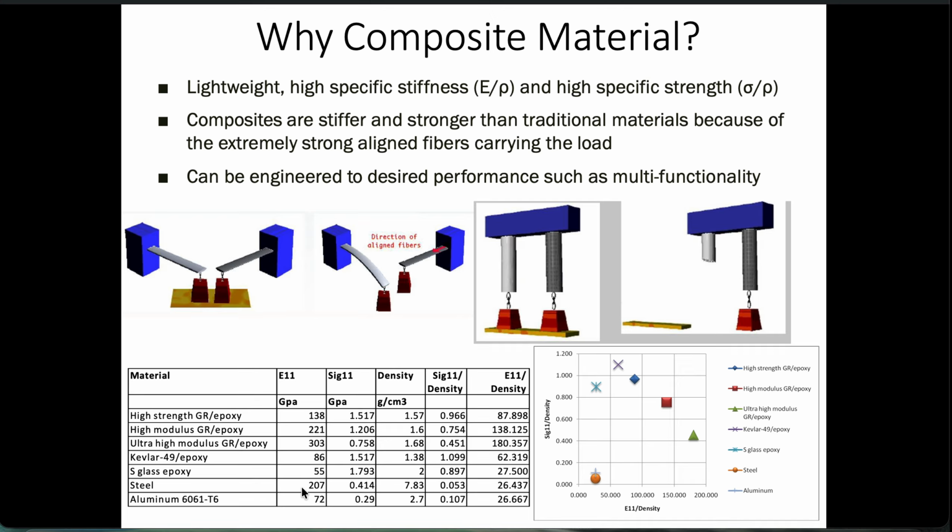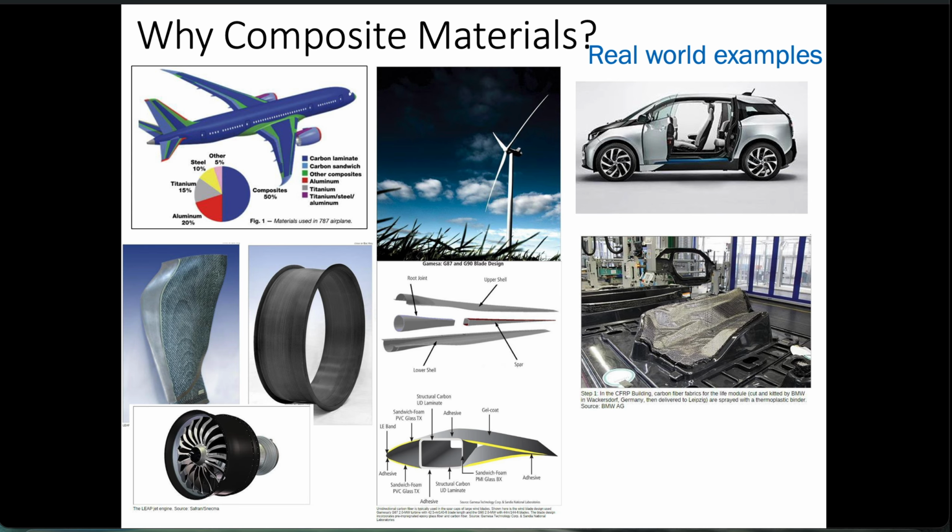It also changes in different directions. Whereas steel and aluminum, for example, are going to have the same modulus of elasticity no matter what, unless you heat treat them or strain harden them. The material itself retains the same modulus of elasticity, right?